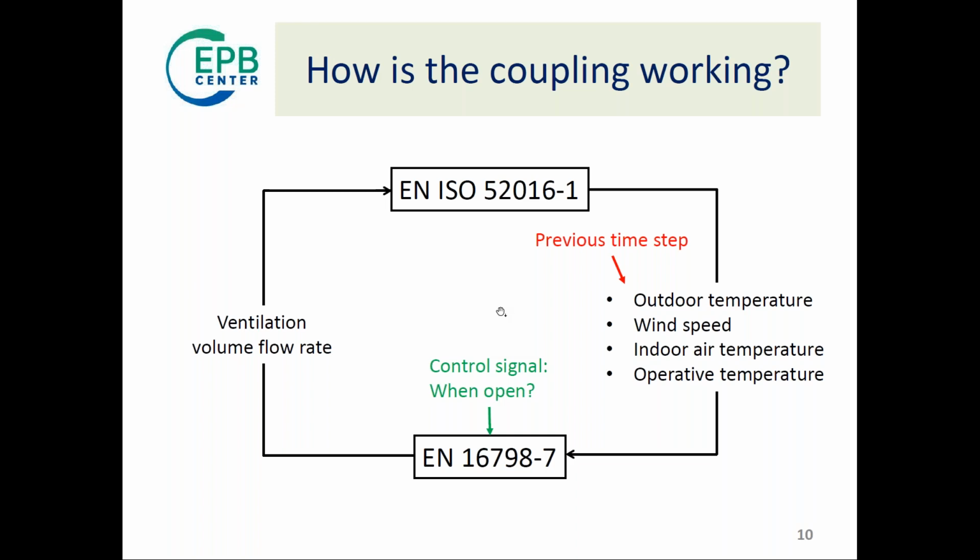Maybe time dependent, it may be dependent on certain circumstances. And here, for the case study, I only calculate the ventilation volume flow rate with the simplified calculation method and only for open windows. Nothing else is taken into account in this example calculation.